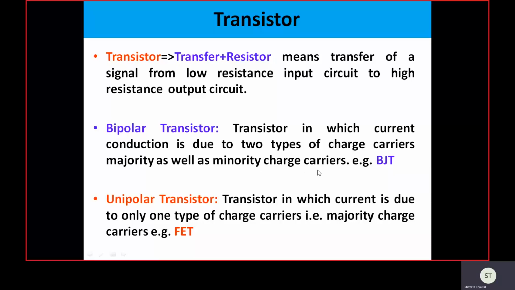The example of a bipolar transistor is the BJT. BJT stands for bipolar junction transistor. And if we talk about the unipolar transistor, here the current is due to only one type of charge carrier, specifically the majority charge carriers. An example of a unipolar transistor is the FET. FET stands for field effect transistor.